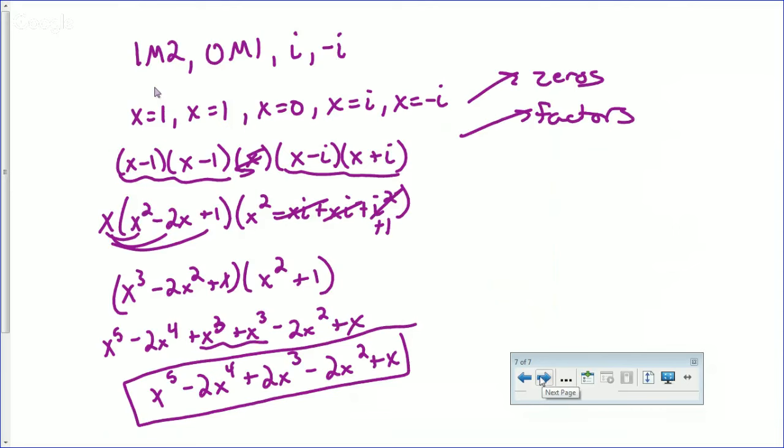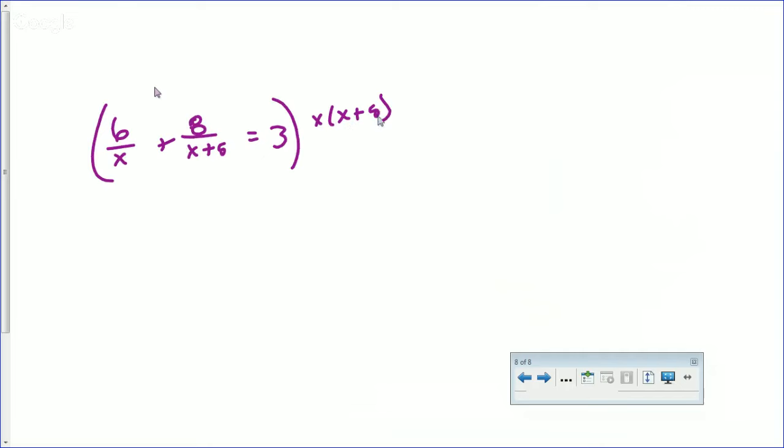All right, number 17, the last one. So I have 6 over x plus 8 over x plus 5 equals 3. Now the first thing I'm going to want to do is get rid of all of my fractions. So I'm going to multiply the whole thing by my common denominator, which is x plus 5.